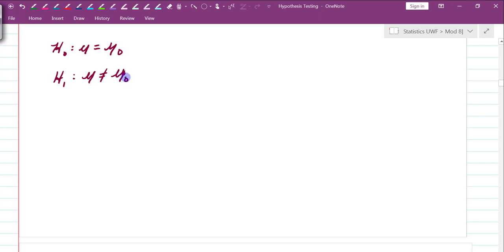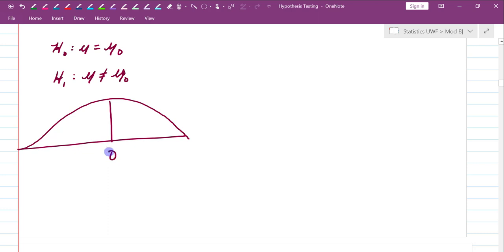And we can draw our standard normal curve. We'll put 0 in the center because we're going to standardize our mean, and we're going to be working on the z distribution initially. Eventually we will get to the t, but right now we're going to be working on the z.